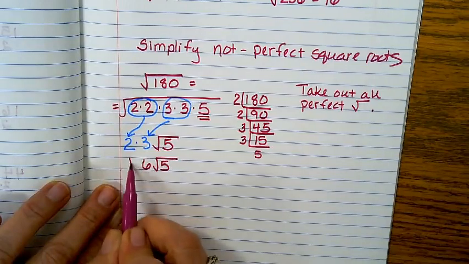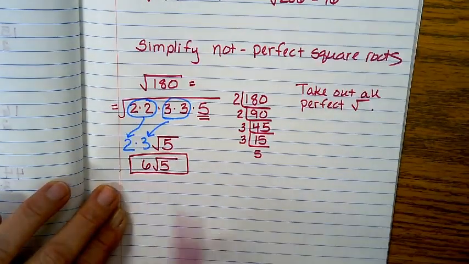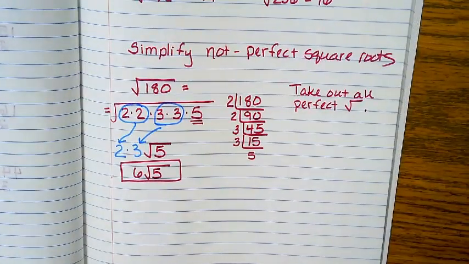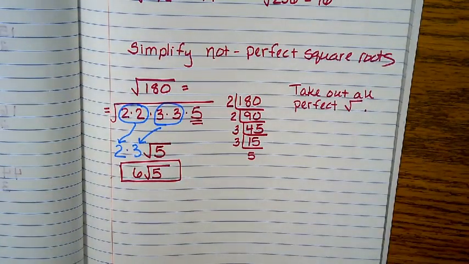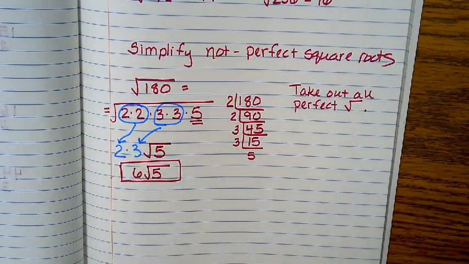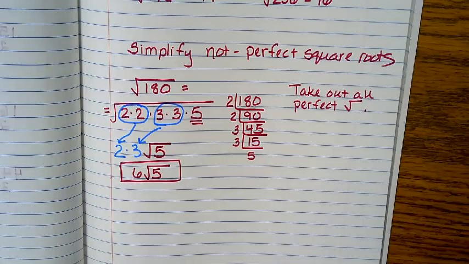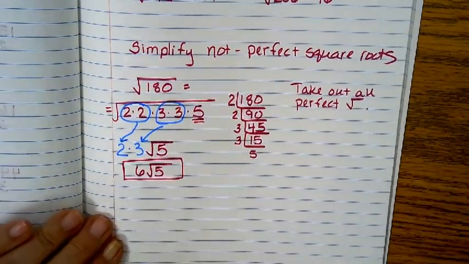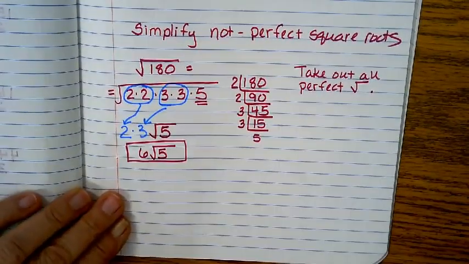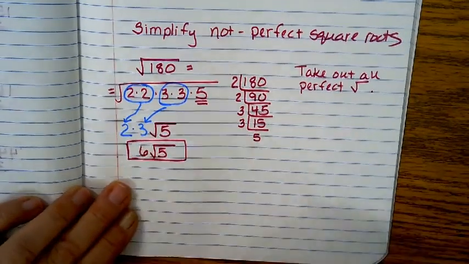So that's your simplified square root. That's the work we're going to be practicing today. So let's do another one. Let's do the square root of 32.